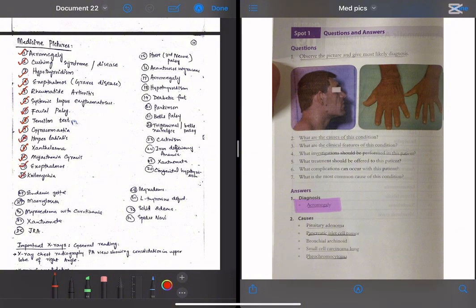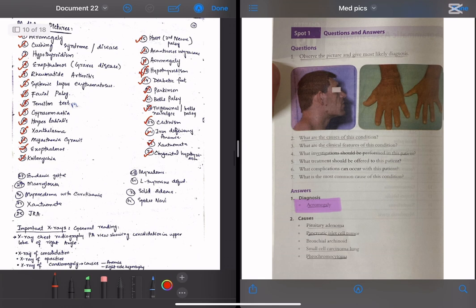Then ptosis, acanthosis nigricans, acromegaly, hypothyroidism, diabetic foot, Parkinson's, Bell's palsy, trigeminal neuralgia or Bell's palsy, cretinism, iron deficiency anemia, xanthomata, congenital hypothyroidism. Then endemic goiter, macroglossia, myxedema, xanthomata, and juvenile rheumatoid arthritis.